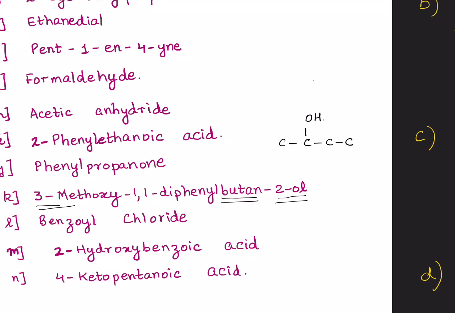At the third position, we've got methoxy. So let me clear this thing first. So 1, 2, 3 and 4. At the third position, I have methoxy group. So at the third position, I'm going to put OCH3. Then at the first position, I have 2 phenyl groups. So let's put them here.